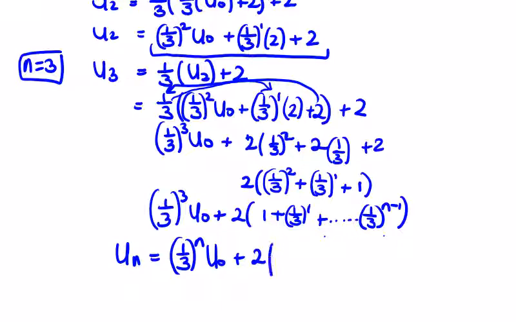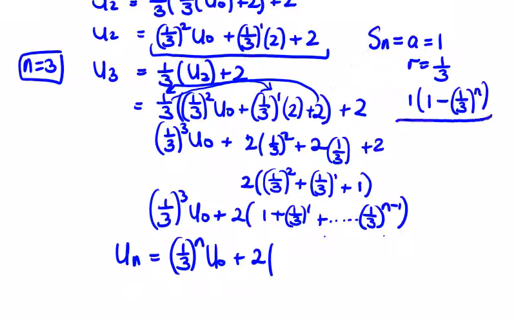times this geometric expression. So let's make it into Sn and just do it up here. Sn, when we have a is equal to 1 and r is equal to a third. So we're going to have a times 1 minus r to the power of n over 1 minus r. So we imagine that this 2/3 is on the bottom here.